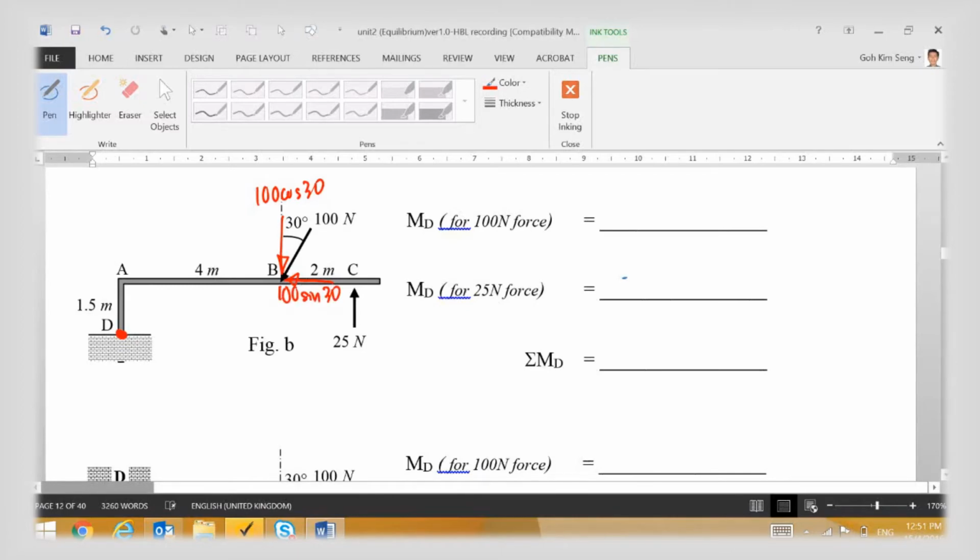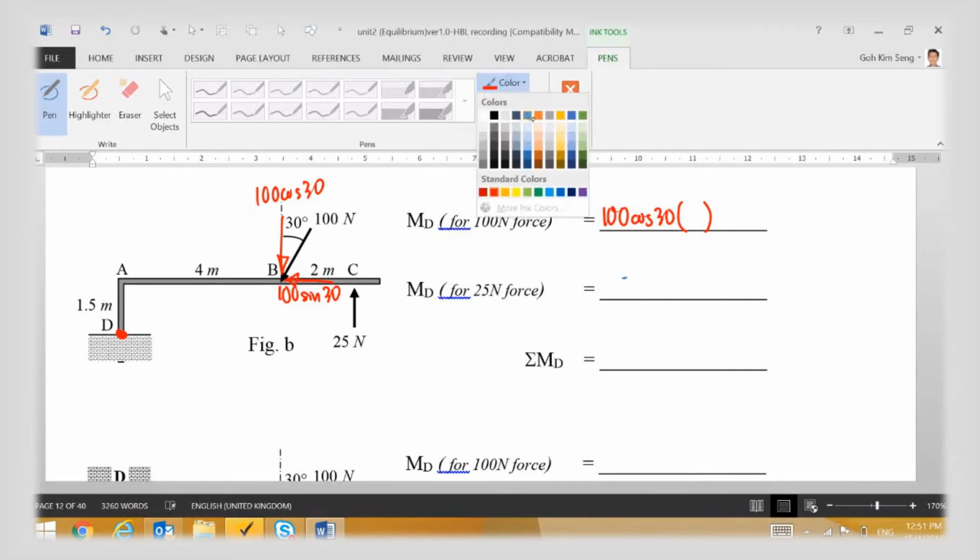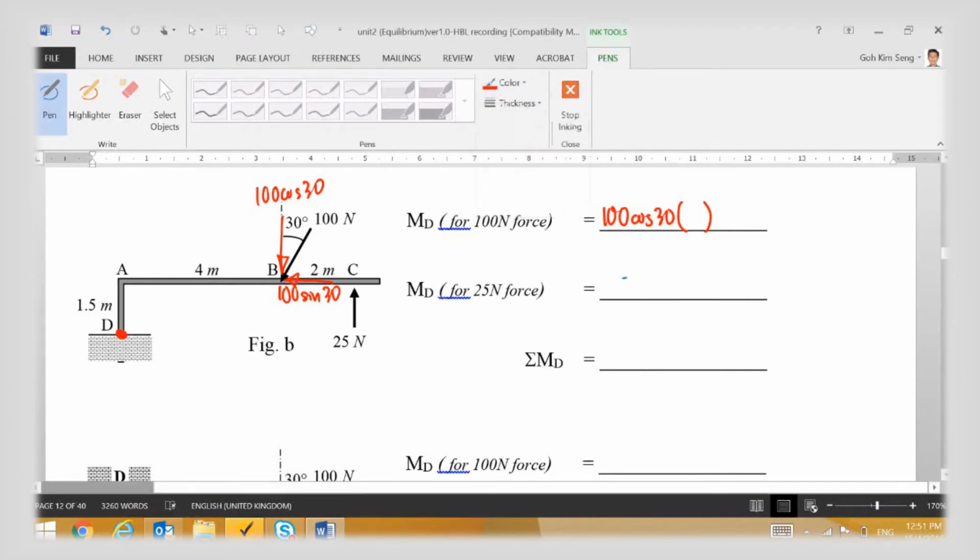For these two components, the moment is 100 cos 30 multiplied by the distance. If you're not sure, let's just produce the line of action of that component, which is coming down, and the perpendicular distance from point D is 4 meters. So we have a 4 meter here, and this is a clockwise moment.